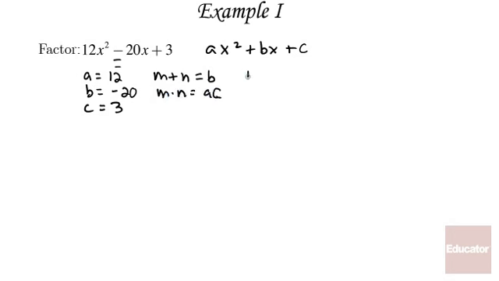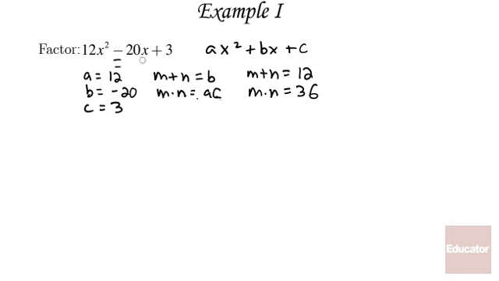A equals 12, so A times C is 12 times 3, which gives me 36. So I have the product of m and n equals A times C, which equals 36.